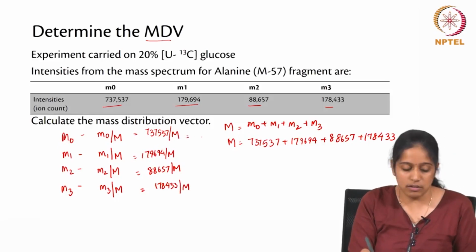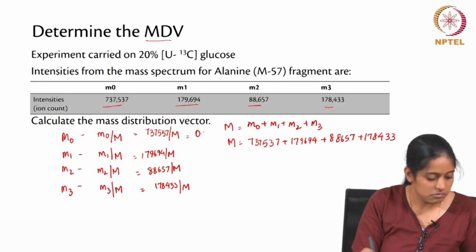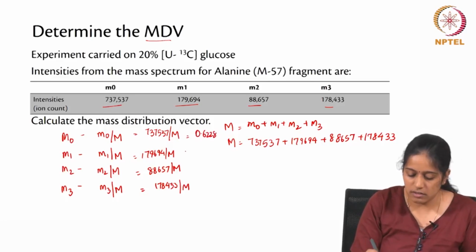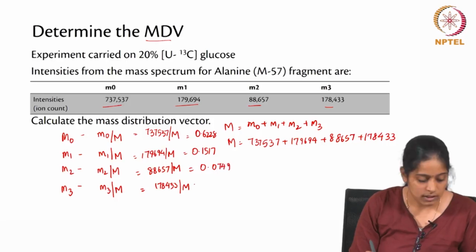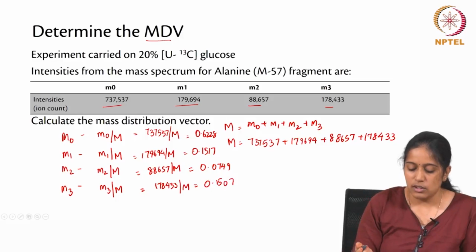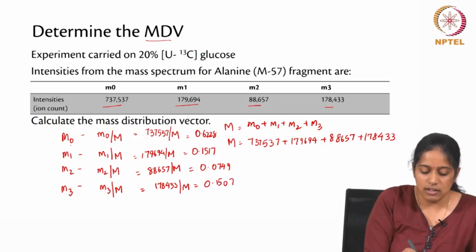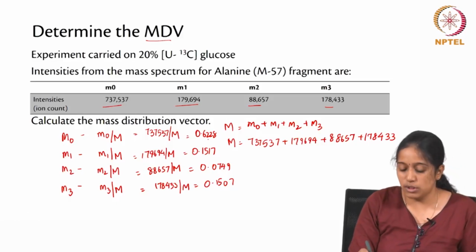And whatever fraction you find here, this roughly comes to 0.6228, this comes to 0.1517, this comes to 0.0749, and this comes to 0.1507. So, this would basically give you an idea of the mass distributions.